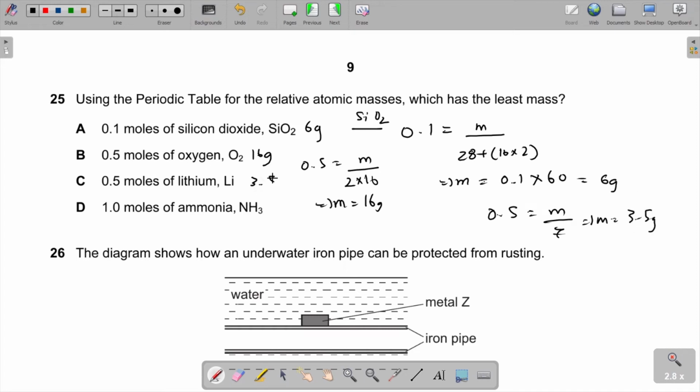This is the least mass so far. For ammonia, it's 1 mole, with mass 14 plus 3. Nitrogen is 14, so it's 17 grams. As you can see, lithium has the least mass. So for 25, the answer is C.